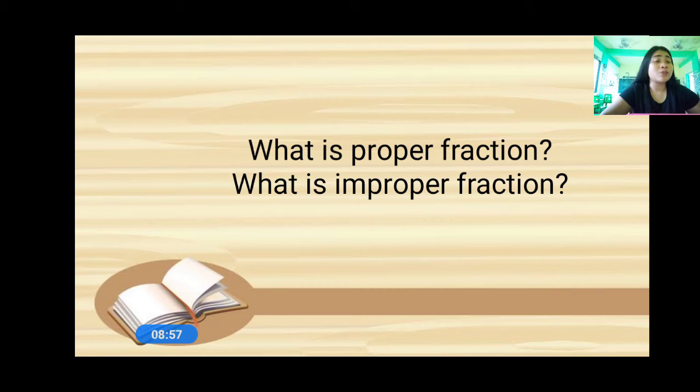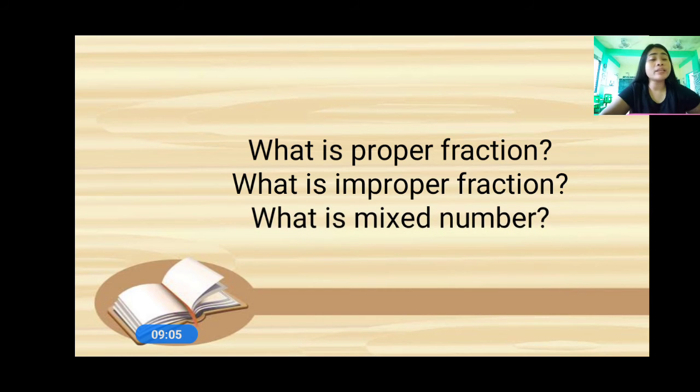So when the numerator is bigger than the denominator, what fraction is that? That is improper fraction. Very good. So what is a mixed number or mixed fraction? Mixed fraction is composed or made up of a whole number and a proper fraction. If the fraction is made up of a whole number and a proper fraction, then it is called mixed number or mixed fraction. Okay, very good.